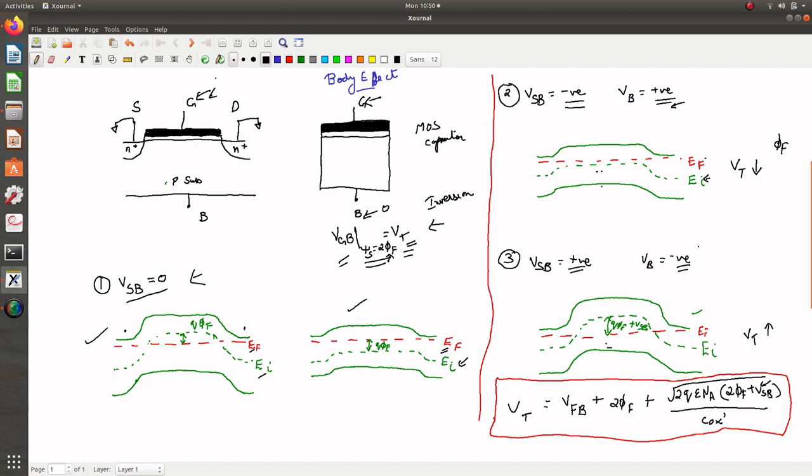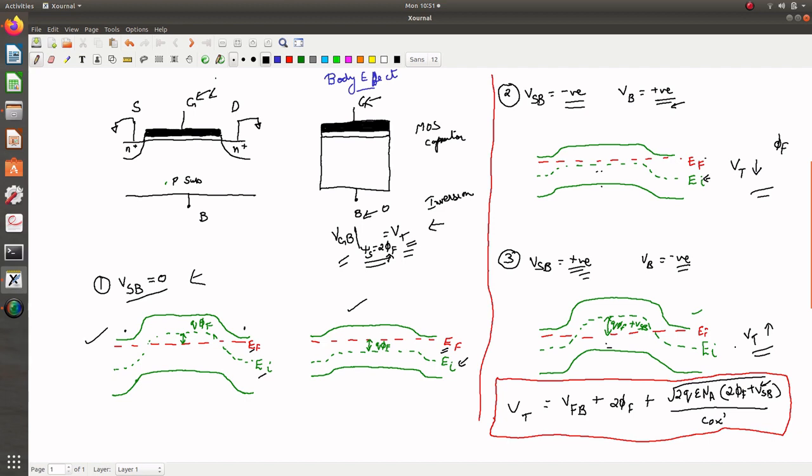When VSB is negative, we require only a smaller threshold voltage, or the voltage to be applied at the gate is lesser, so as to bring in the inversion. In the third case, when VSB is positive, that is added on to this term, so the required voltage to bring in inversion becomes more, or the Vt is more.